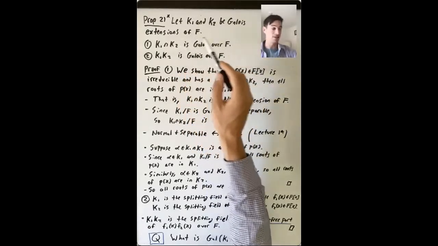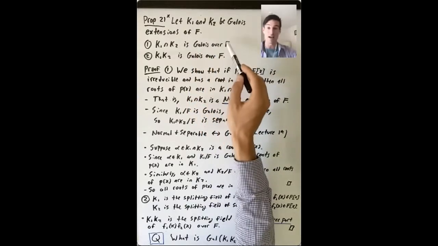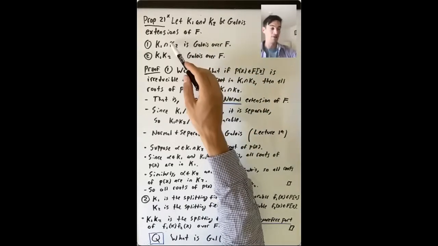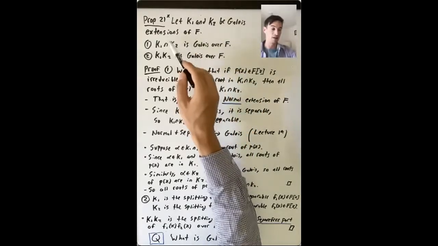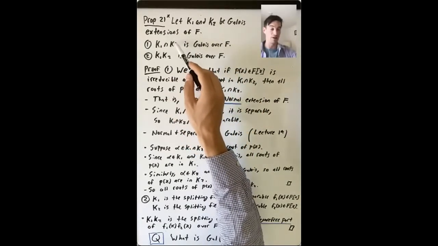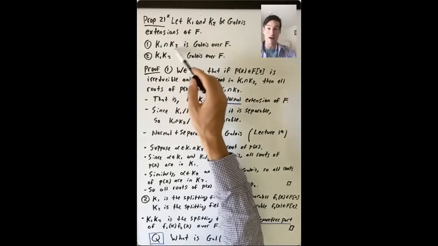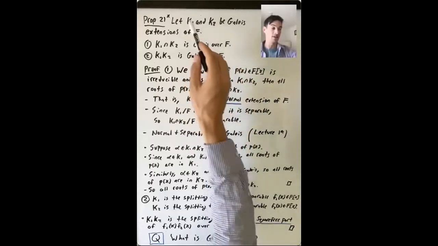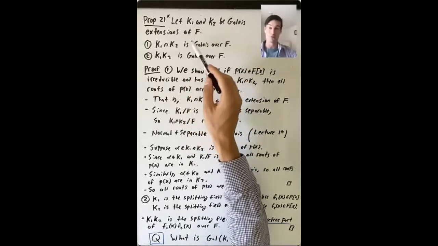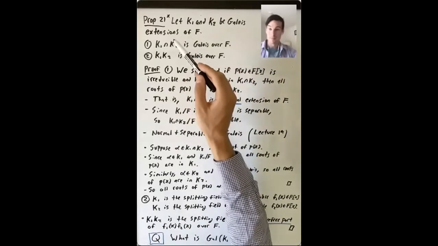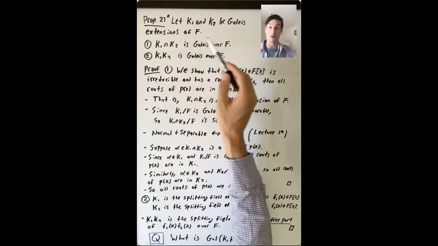K1 intersect K2 is also a subfield of K1 that is Galois over F. So if you take the subgroup of the Galois group of K1 over F corresponding to this intermediate field K1 intersect K2 and call that H, now we can understand the Galois group of this intermediate field in terms of the whole Galois group and that subgroup H. So you should really think carefully about how to use the fundamental theorem to say what the Galois group of K1 intersect K2 over F is.